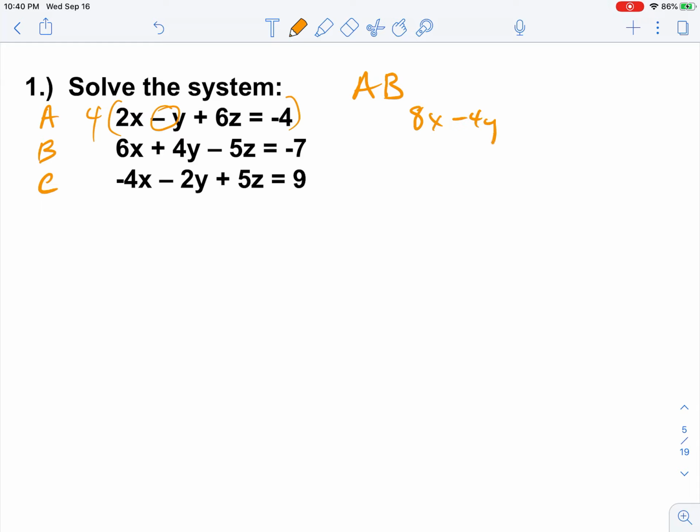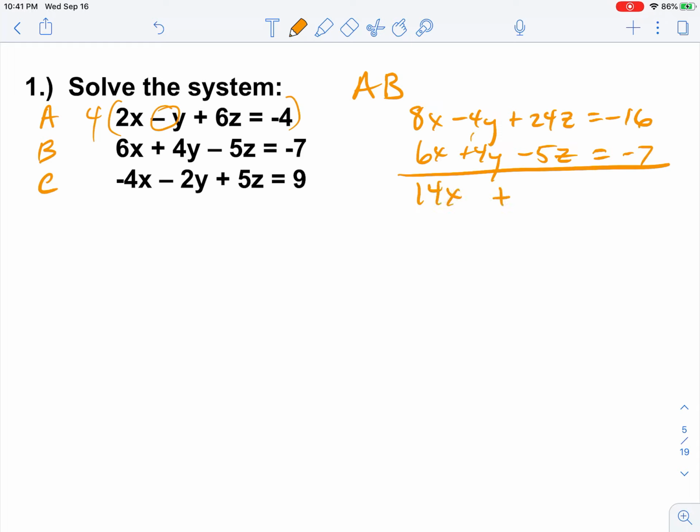I get 8x minus 4y plus 24z equals negative 16. And then I just slide over the B equation, and add them in the columns. And I end up with 14x, those y's cancel out, plus 19z equals negative 23.